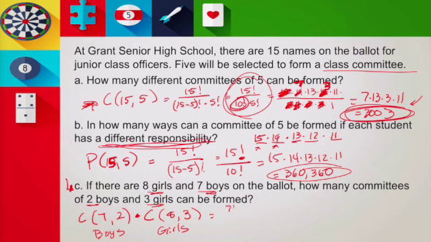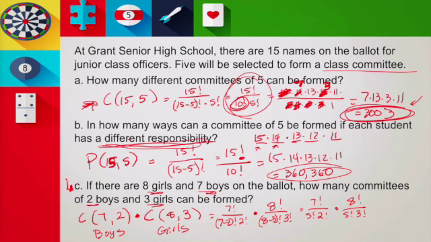So, 7 factorial over 7 minus 2 factorial times 2 factorial times 8 factorial over 8 minus 3 factorial times 3 factorial. So 7 factorial over 5 factorial 2 factorial times 8 factorial over 5 factorial 3 factorial.